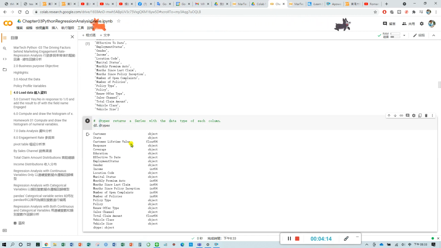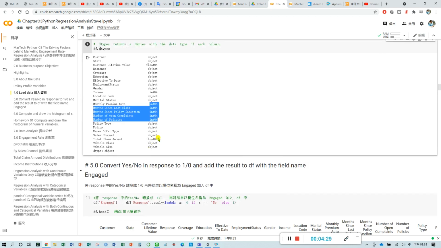Here you may see floating point. It means it is a continuous variable. So what about this one? It's integer. Here are integers. What about object? Object means category. 名目型的变数, category variable.